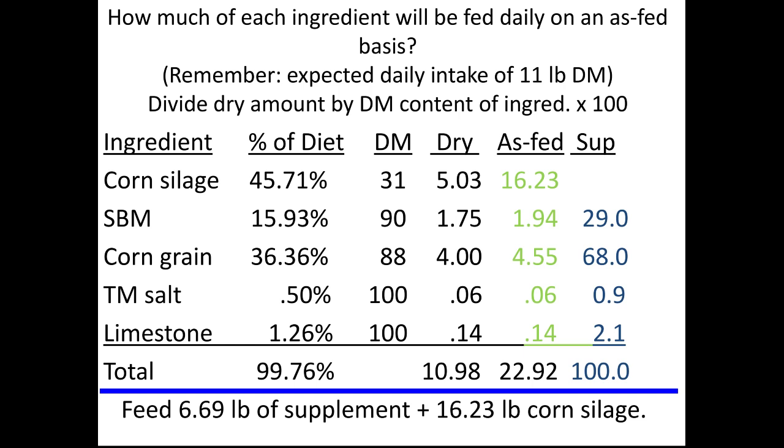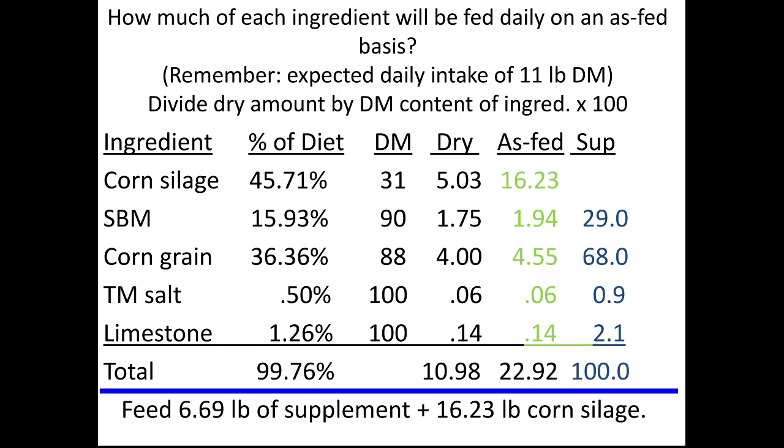So for corn silage, 5.03 pounds of dry matter divided by 31% dry matter times 100 equals 16.23 pounds. For the soybean meal, 1.75 pounds dry matter divided by 90% dry matter times 100 equals 1.94 pounds of the soybean meal. And we do that for each of the ingredients: the corn grain, the trace mineral salt, and the limestone.